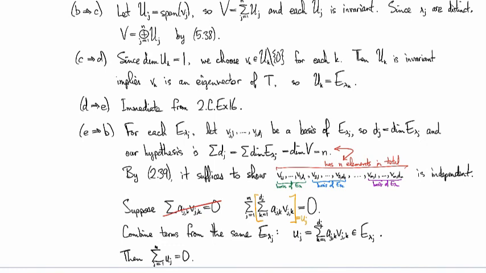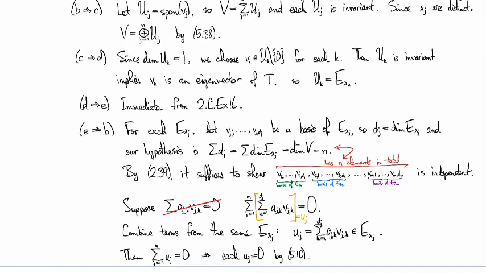Well, then that implies that each UJ is equal to 0, by 510, because we know that the eigenvectors for different eigenvalues are independent.